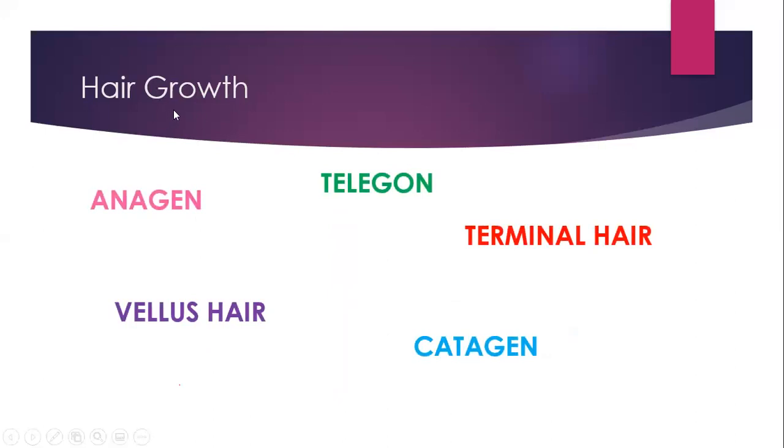Lovely. And we'll go through this one together. So we've got all of these words here. So anagen, can you remember in the stages of hair growth what anagen is, Remy?